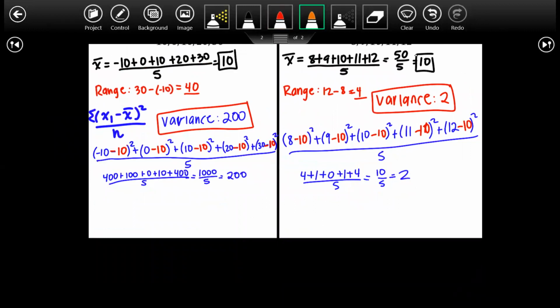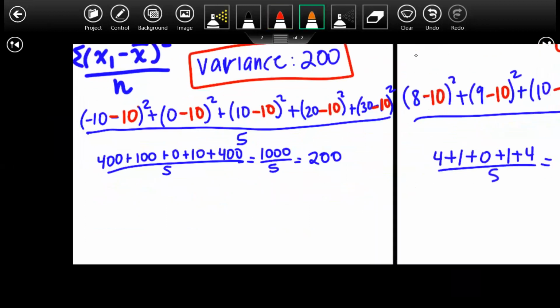Simply put, the standard deviation, if we had to calculate it, is equal to the square root of the variance. And the square root of the variance, if we had to put it in symbol terms, is simply sigma.